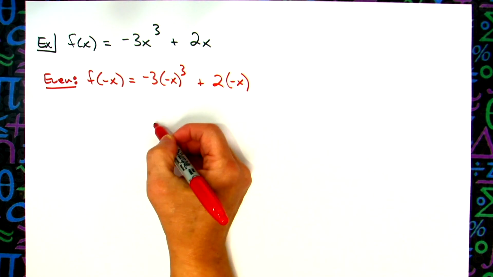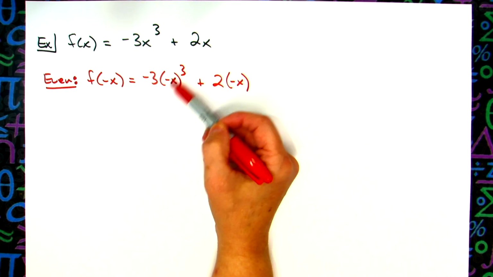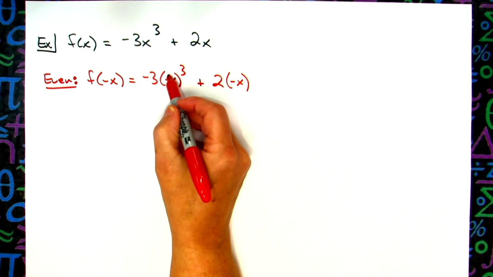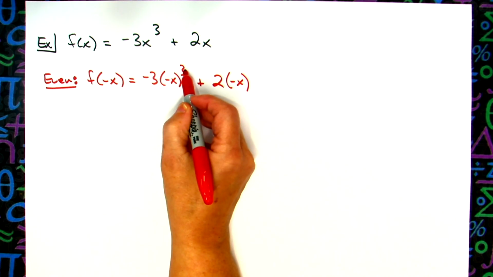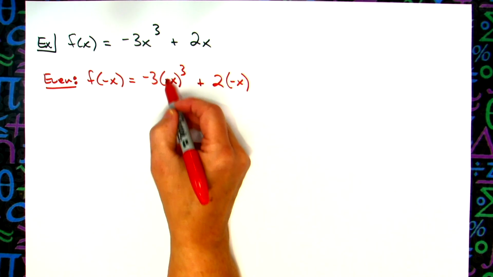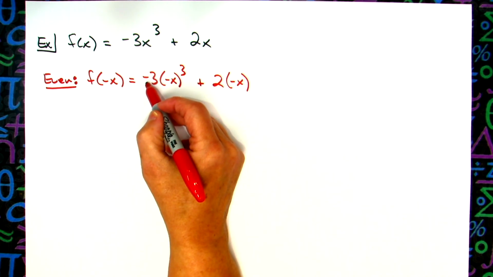Next, you have to algebraically simplify this. I'm going to start with negative x to the third power. There's a little imaginary negative 1 sitting right there, negative 1 to the third power. A negative number raised to an odd exponent is going to make it even or odd? Odd. So then I've got a negative 1 times the negative 3 that's in front.